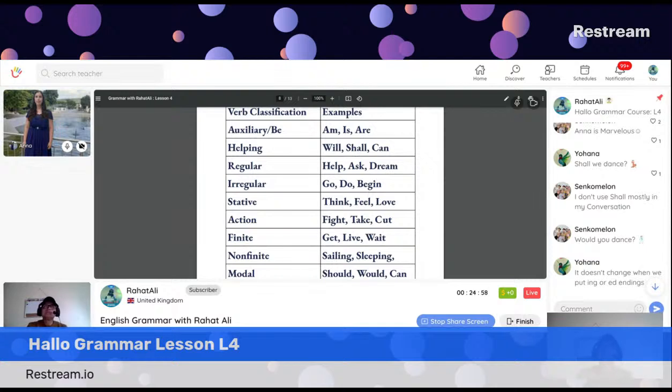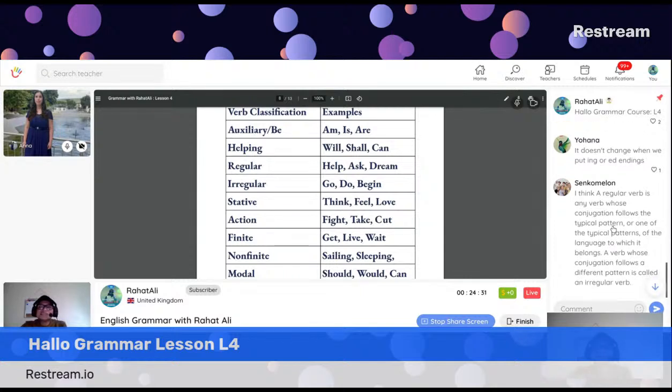So the regular verb help, like helped, ask, asked, dream, dreamed, and irregular verbs go, went, gone, do, did, done. What is the past tense of begin, Anna? Began, began, same as gone, began. Yeah, to remember, begin, began, began.